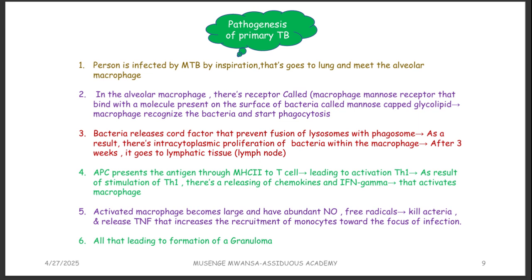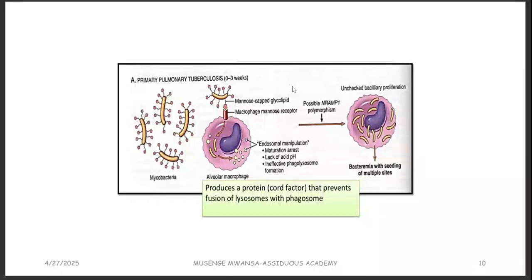So you have got a lot of other macrophages coming in, and all these cells, so you have got dead bacteria, live bacteria, and all these macrophages, and that is what forms a granuloma.